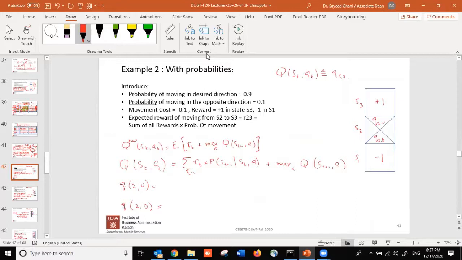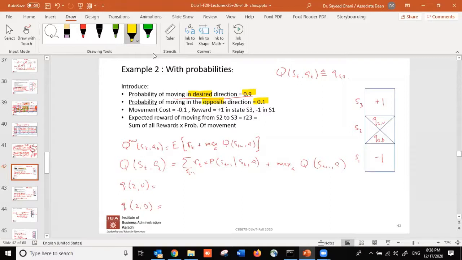Basically, the example here is that when you're moving in a particular direction, there's a 90% chance that you will move in the desired direction. But in the opposite direction, there's a 10% chance that you might go in the opposite direction. This is sort of similar to the example that we had earlier of trying to go up and you end up going down.